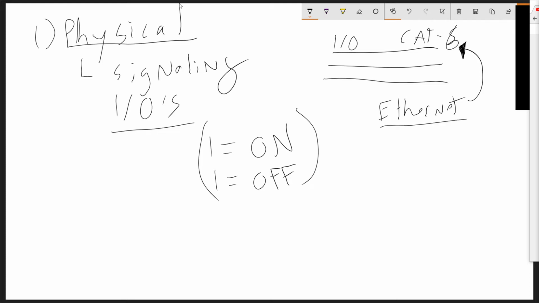Ethernet is not a cable standard. The cable standard is Cat6, Cat5, and then the RJ45 heads, these little heads that take in 8 wires. You've probably seen them before. Those are another standard. But Cat6 is the type of cable, and Ethernet is the standard of communication.